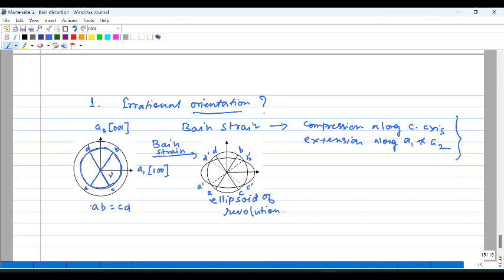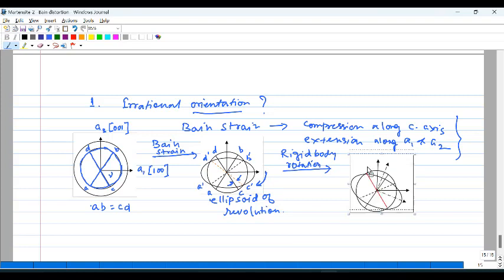But now if I apply a rigid body rotation in this manner through an angle like this, then what is going to happen to this CD line? Let us see that. You could see that if I do this rigid body rotation by this angle, this C dashed D dashed is going to coincide with CD, isn't it?